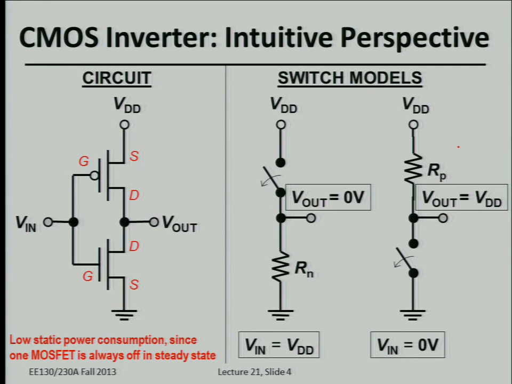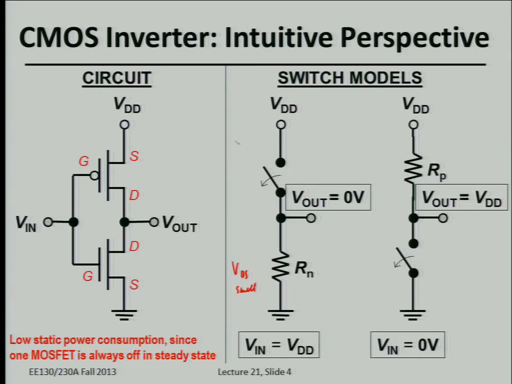Now, in steady state, ideally, if the input voltage is not changing and it's, let's say, high, at the highest possible voltage, that's the supply voltage, VDD, then the PMOS device will be off, NMOS device will be on. What is VDS for the NMOS device? So let's say VDS is small, okay?